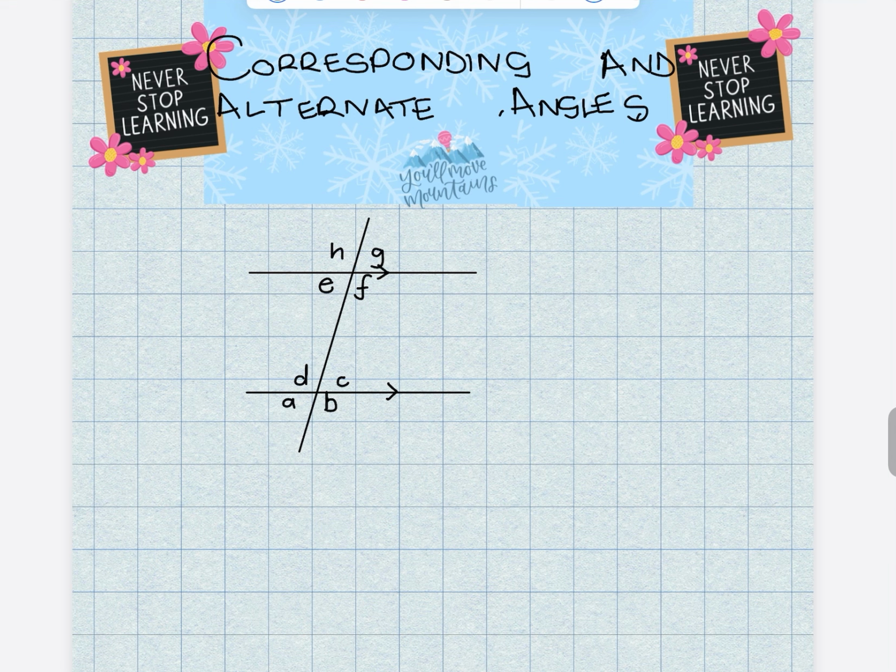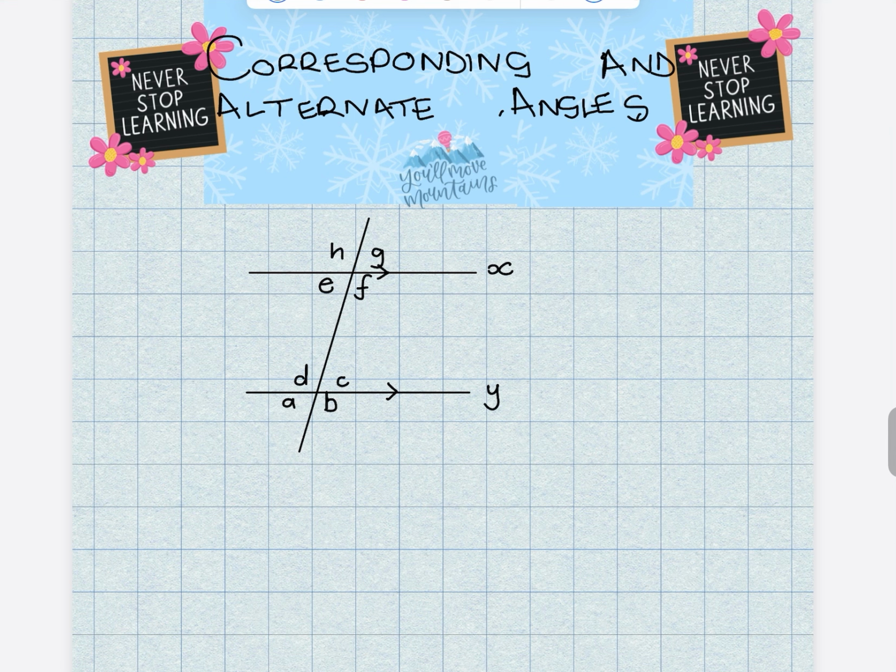Like if you check, we have the first line there, which is on top, and the line below. If you notice, angle H is on top of our first line. Maybe let me call it line X and the other line Y. And it is on the left side of the transversal line.